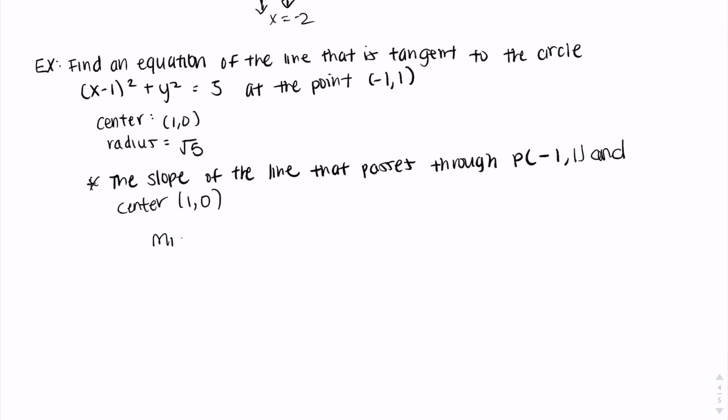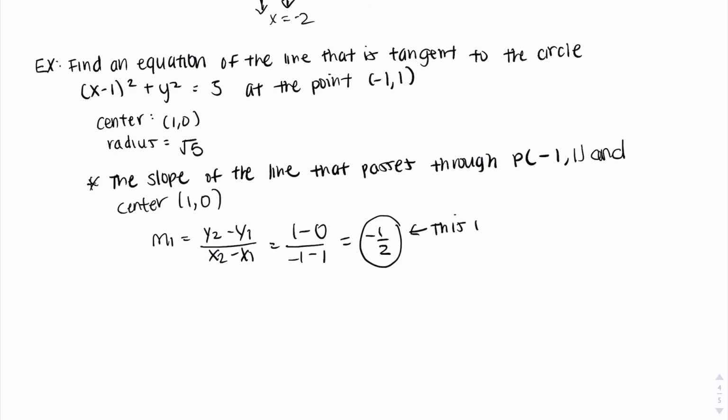So M1 would be 1 minus 0 over negative 1 minus 1, which will give you negative 1/2. So this is the slope of the tangent line.